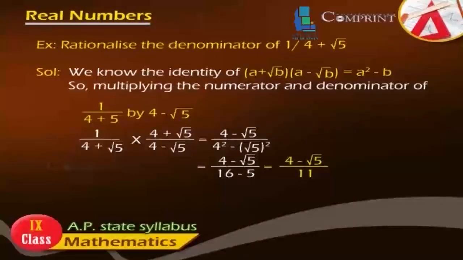So, multiplying the numerator and the denominator of 1/(4 + √5) by (4 − √5), we get 1/(4 + √5) × (4 − √5)/(4 − √5) = (4 − √5)/(4² − (√5)²) = (4 − √5)/(16 − 5) = (4 − √5)/11.